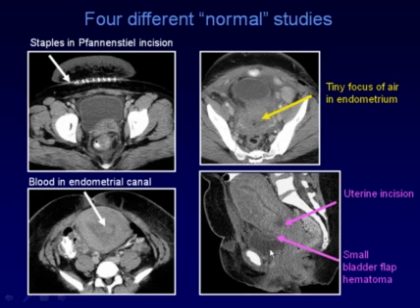Here, between the bladder and the anterior aspect of the uterus, is a very small hematoma. That is called a bladder flap hematoma. It's a little bit of a misnomer. It's not really in the bladder wall, but the key point here is that a small amount of hematoma in this location is just in the spectrum of normal in these type of patients.